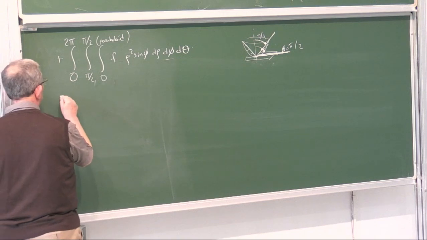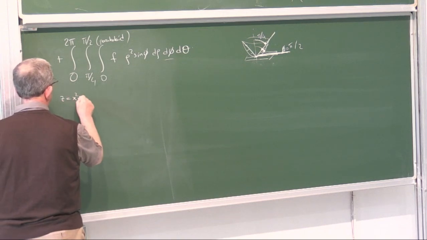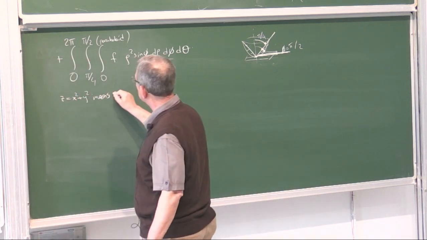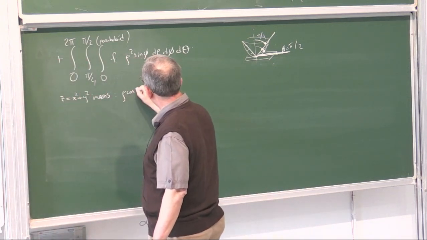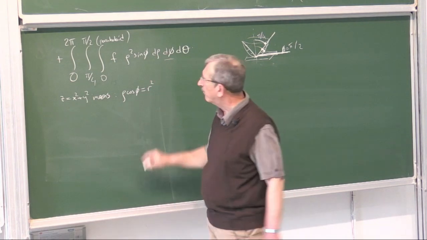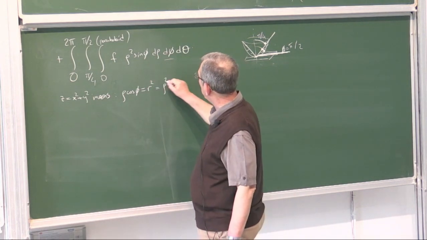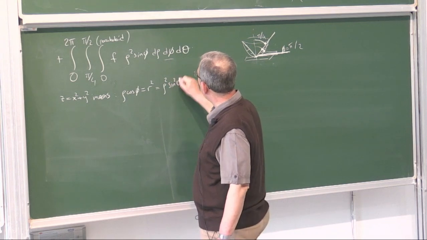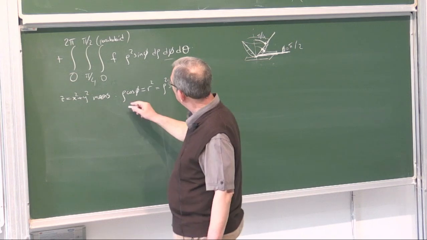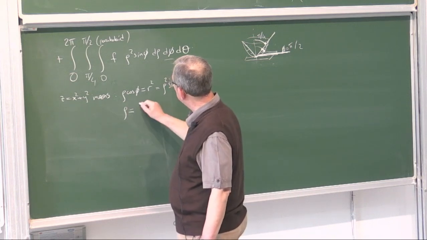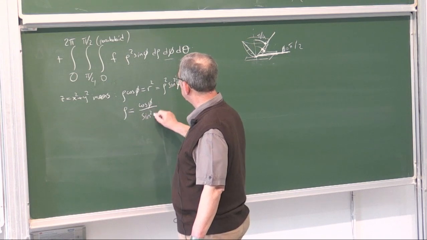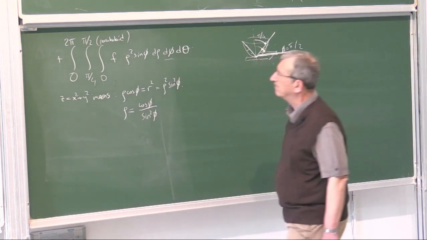So the only missing part in S2 is the paraboloid. Well, the paraboloid, z is x squared plus y squared, of course means rho cosine phi is r squared. Actually, we did this before. It is rho squared sine squared phi, which means that rho is cosine phi divided by sine squared phi.